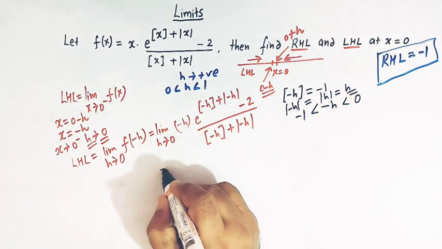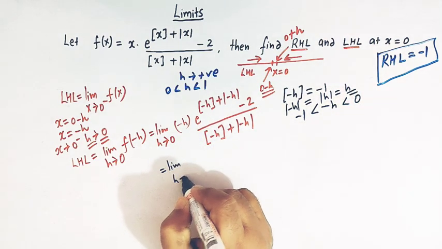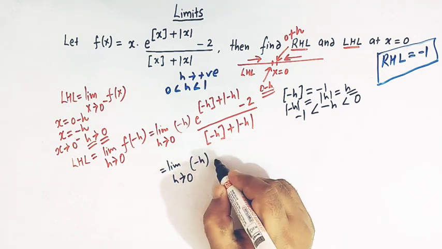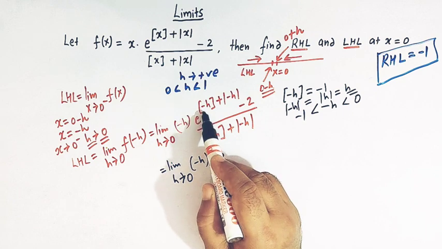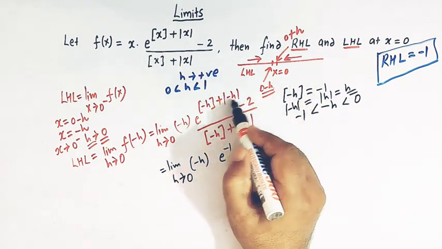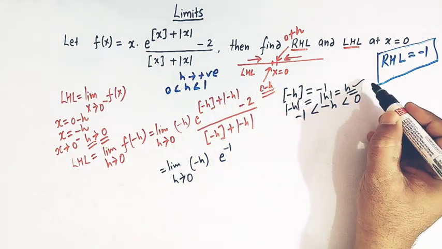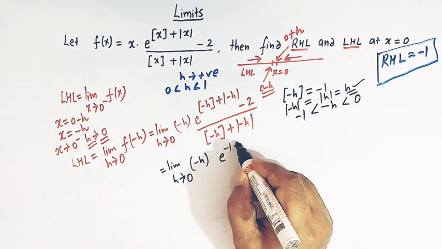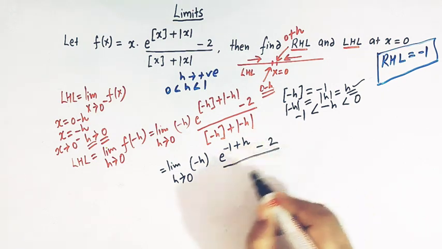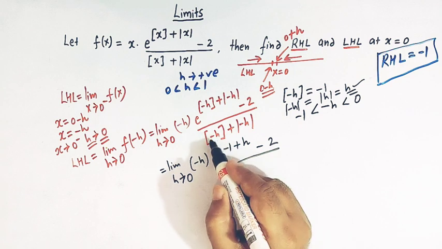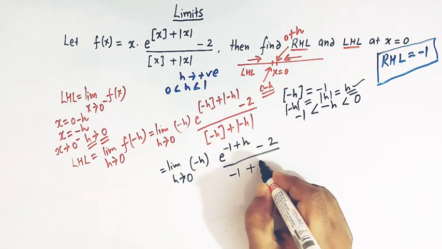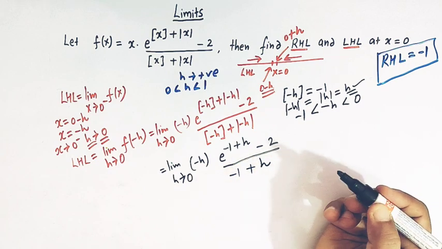So now this limit is the limit h tends to 0. Here we have minus h, and e raised to greatest integer of minus h is e raised to minus 1, and mod of minus h is simply h, right? So here we have plus h and minus 2 divided by minus 1 for this greatest integer of minus h, and here we have plus h, right?